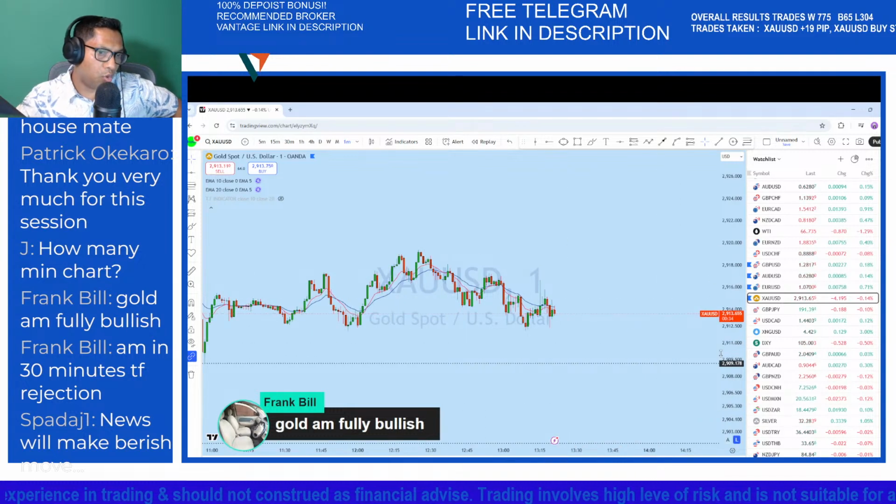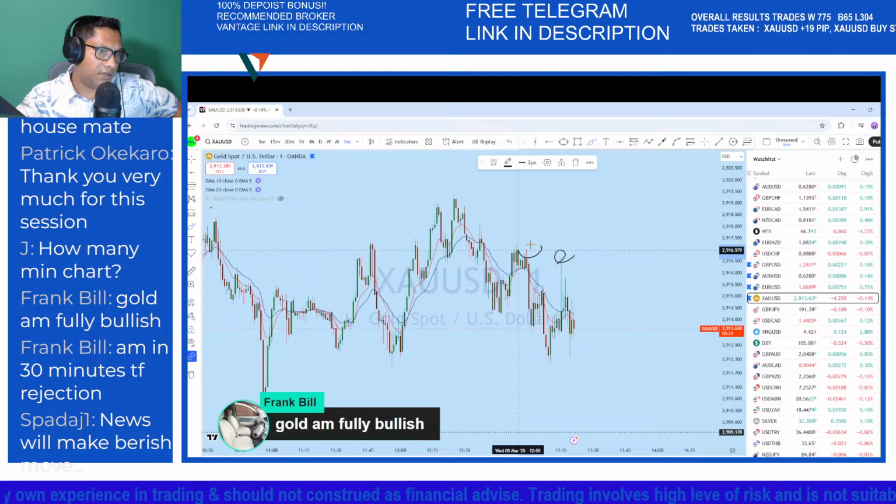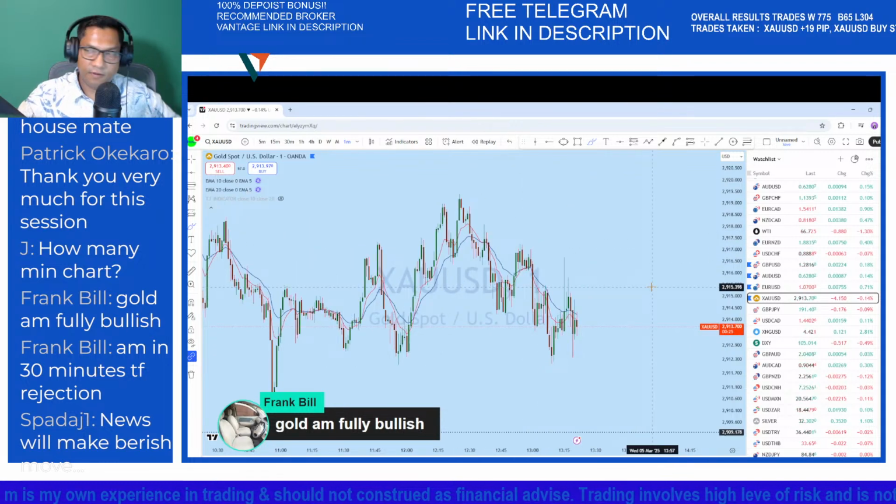After multiple long wick candle formations, basically XAUSD is having a stronger liquidity grab here.